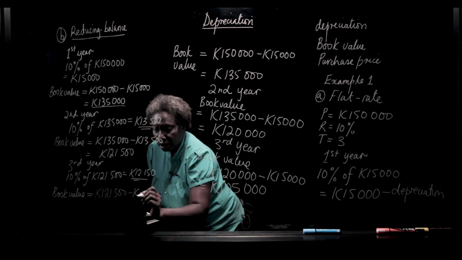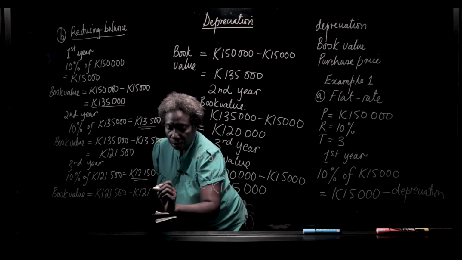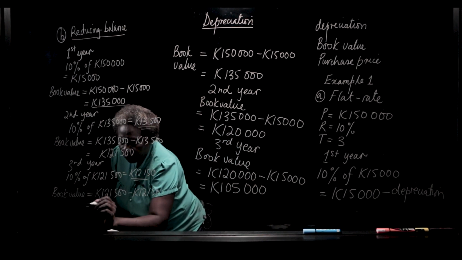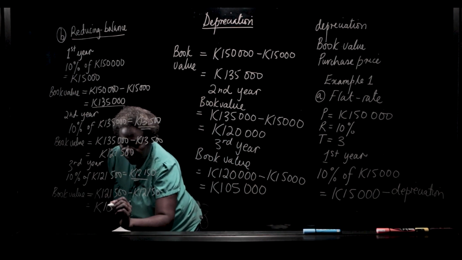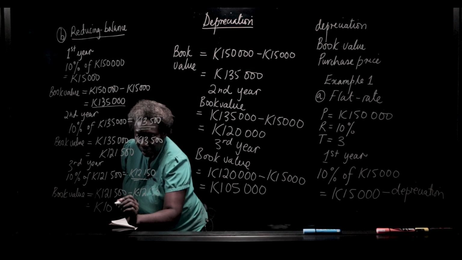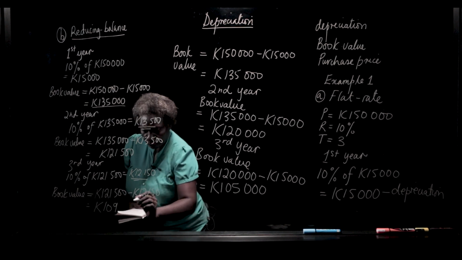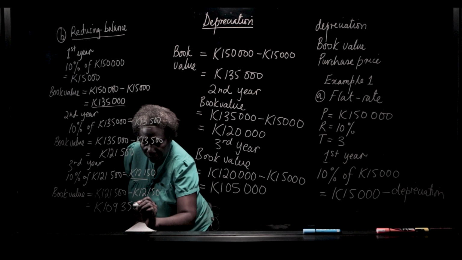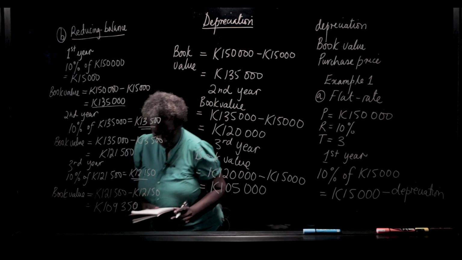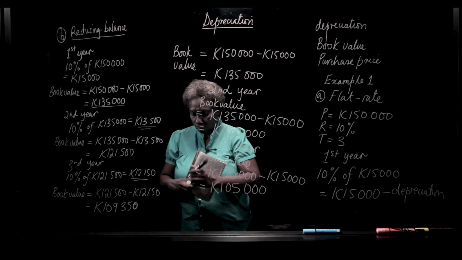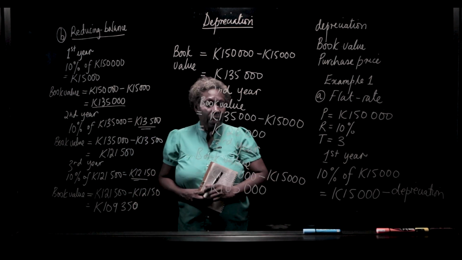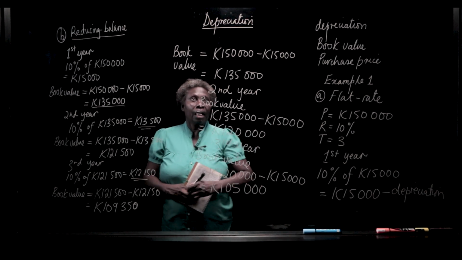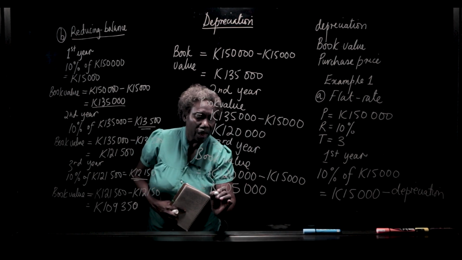The book value at the end of the third year is equal to 121,500 minus 12,150 kina, which will be 109,350 kina.